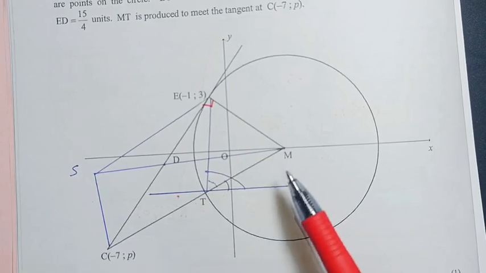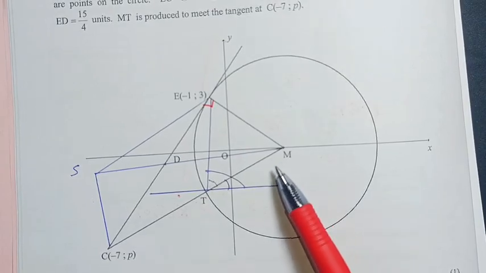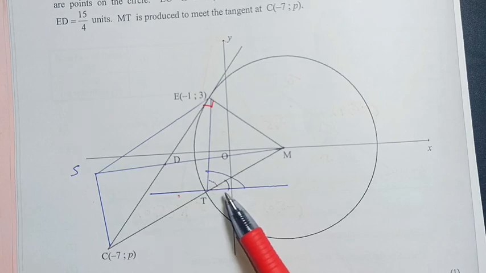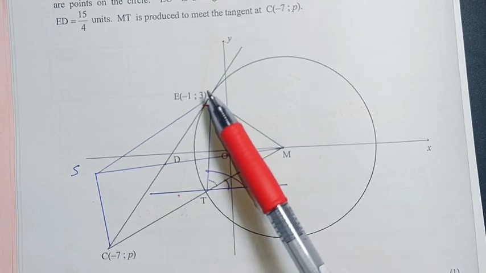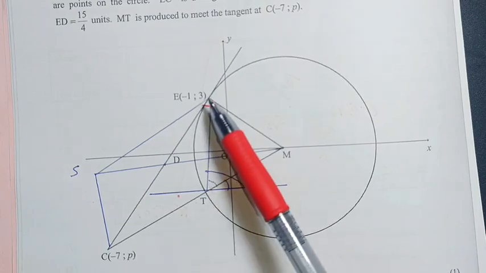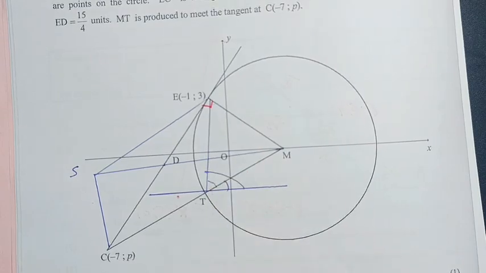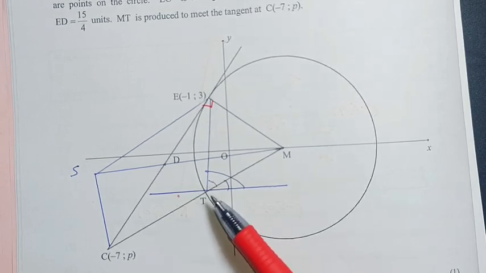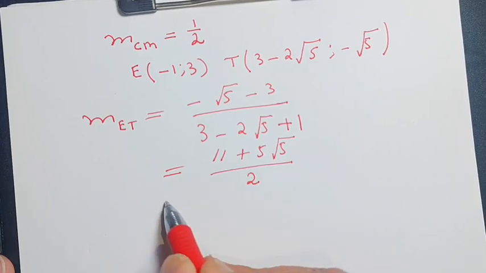So now I need to find the angle of inclination of MC. I'm going to use tan to find the angle of inclination, and also for ET. Obviously the gradient is equal to tan. So I give the name beta.